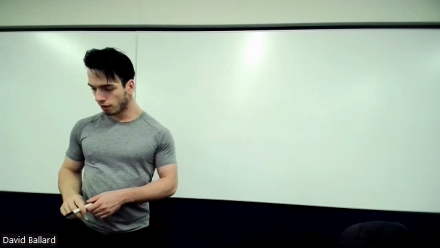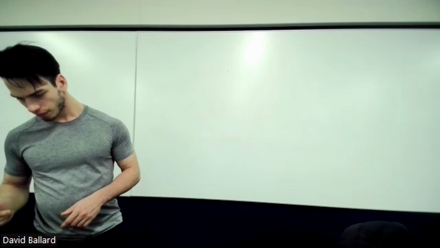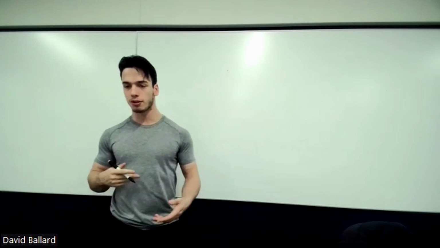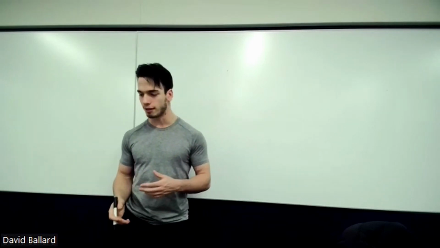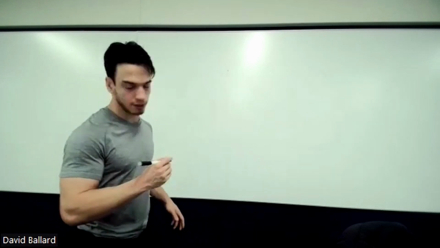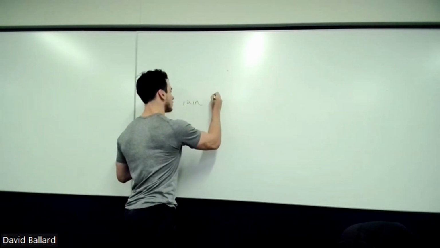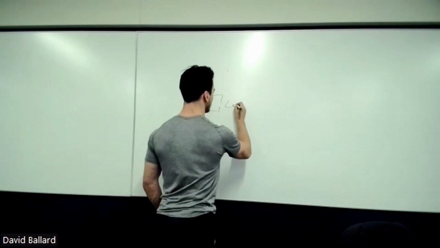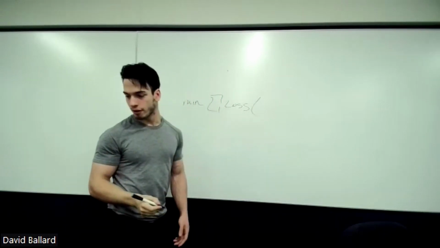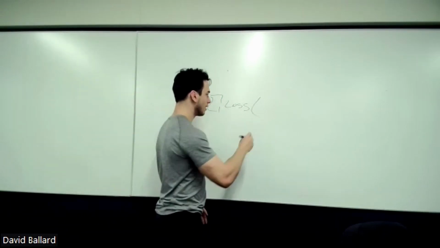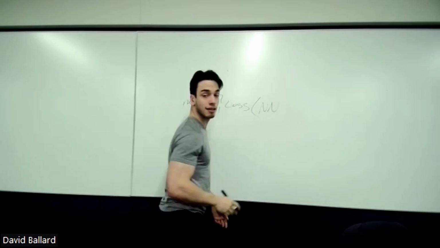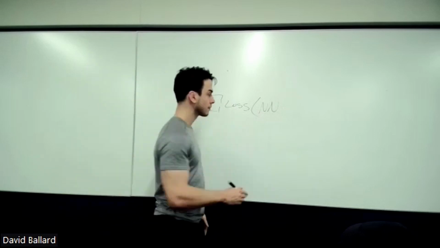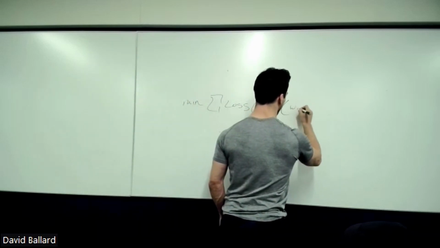So assume we have some loss function. What do we want to do? Generally, we want to minimize it. Okay, so how are we doing that? Well, we're going to want to minimize the sum of all of our losses from our network, the neural net.